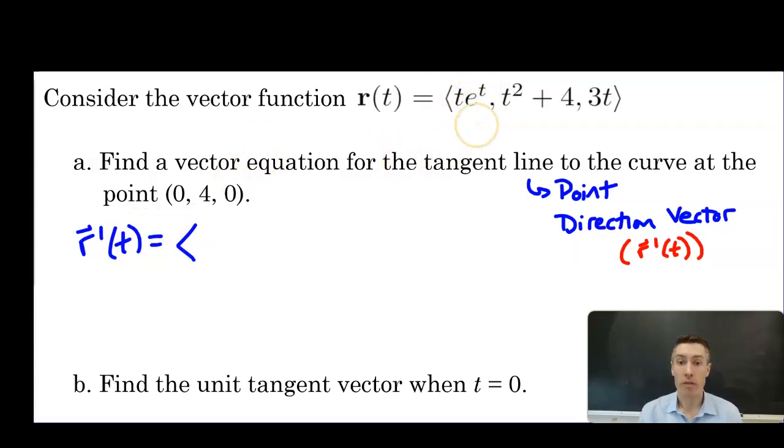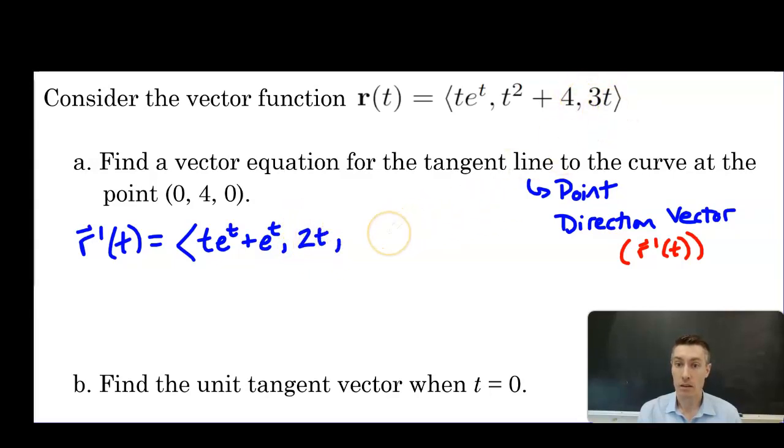The derivative of the first component is going to require the product rule. That's going to be first times the derivative of the second, which is just e to the t, plus the derivative of the first, which is 1, times the second, which is e to the t. The derivative of the second component function, t squared plus 4, will just be 2t, power rule.